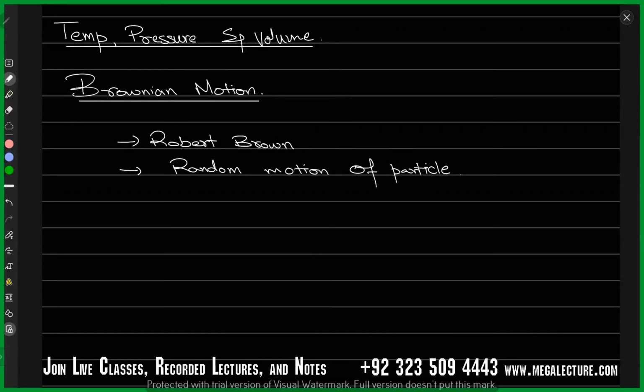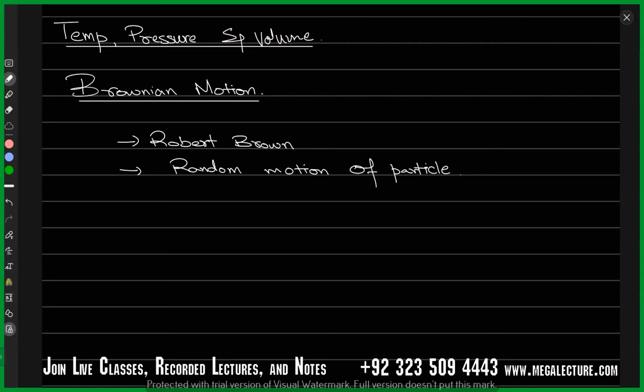So initially, before Robert Brown figured out that random motion of particles exists, that even if these particles are non-living things, they are continuously randomly moving, people had observed this effect before as well. But at that time, the only problem was they thought that this motion is specifically reserved for living things.